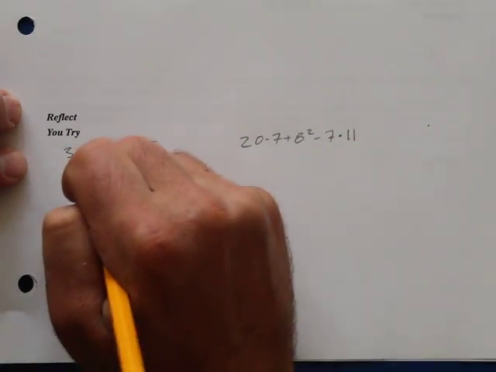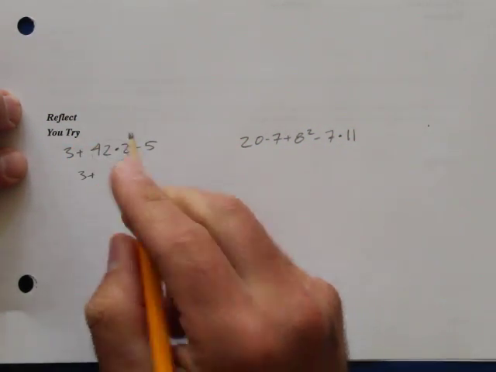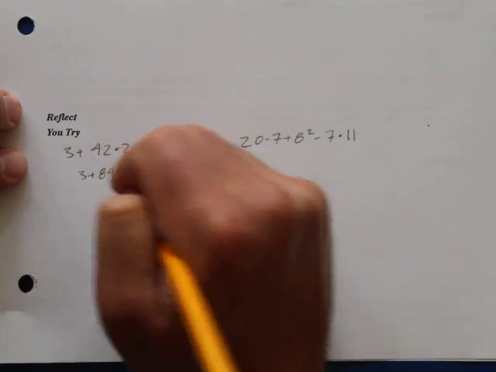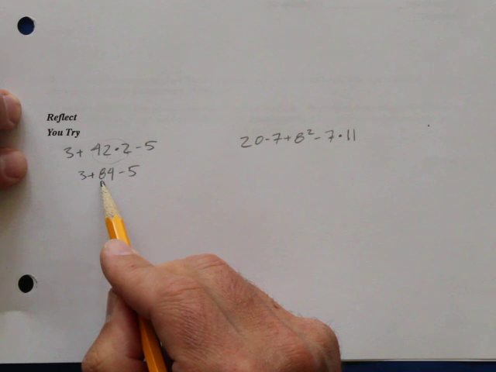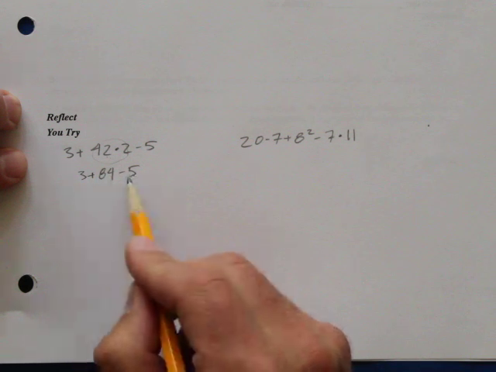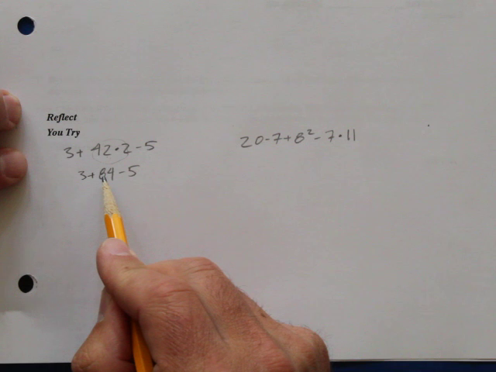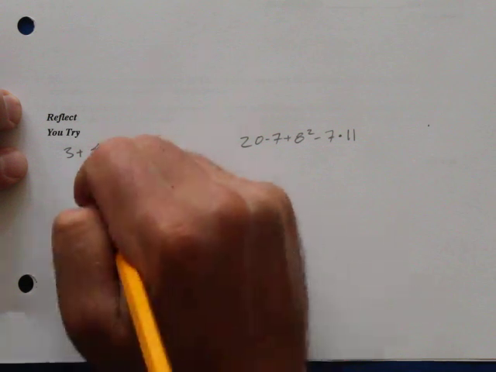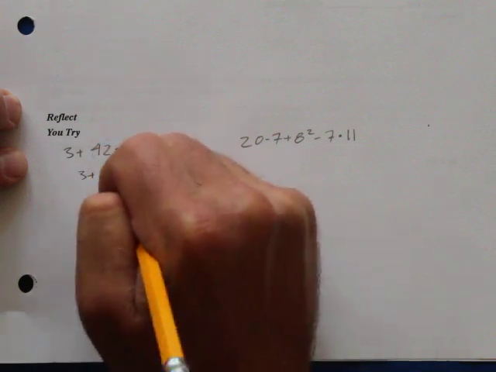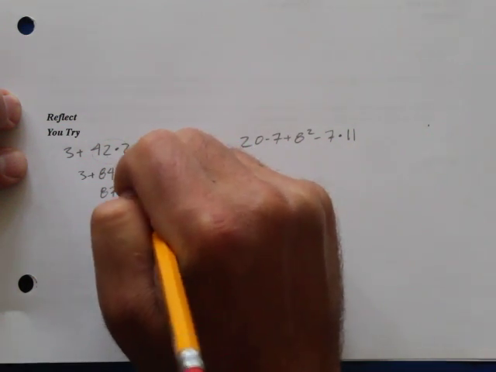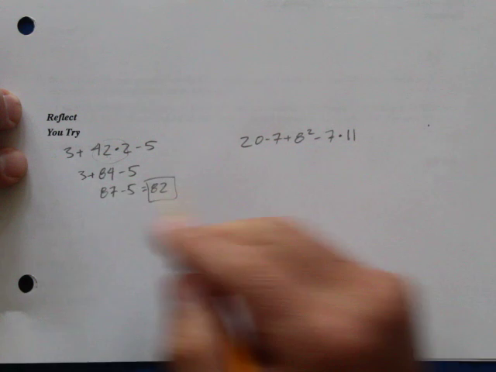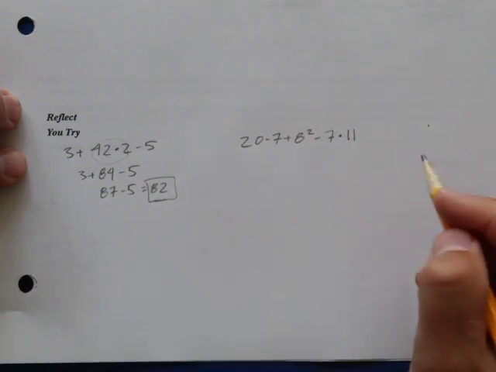So I've got 3 plus 42 times 2, which is 84, minus 5. Now, I don't have any division, so I'm going to add and subtract left to right. 3 plus 84 is 87, minus 5 equals 82. So that's that one. Hopefully you got that one right.